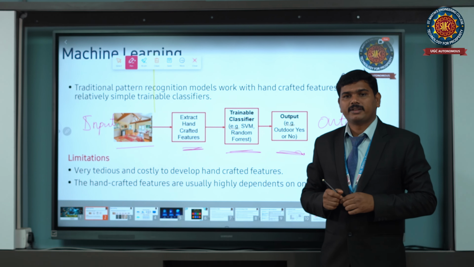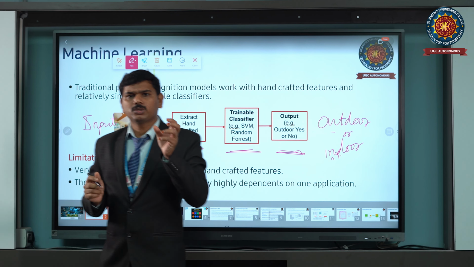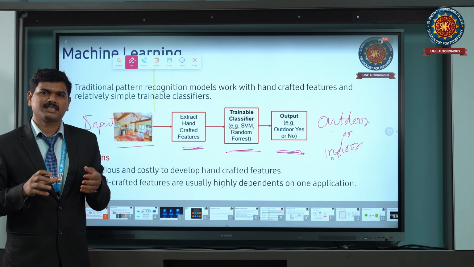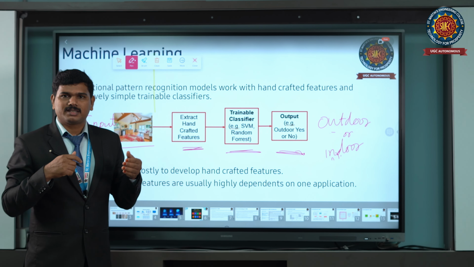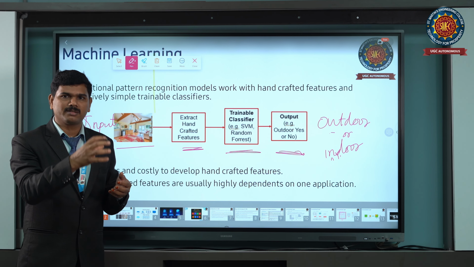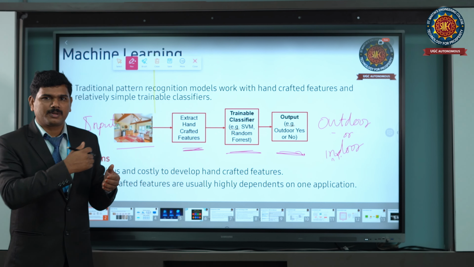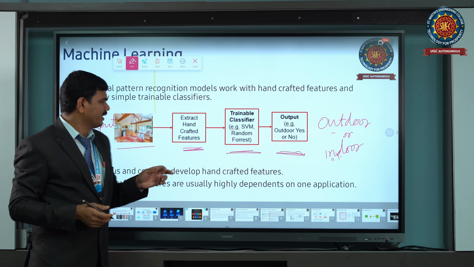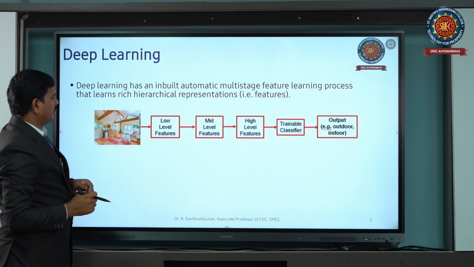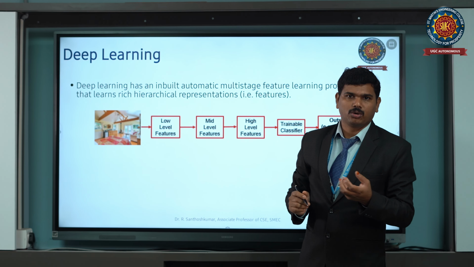Then we can go for what is deep learning. Deep learning is a subset of machine learning. Why can we say it is a subset of machine learning? The same way we extract features from the image, the extracted features are trained by the classifier, then finally we get the output. That is the process of machine learning. In a similar way, here also we are going to identify whether the image is indoor or outdoor.